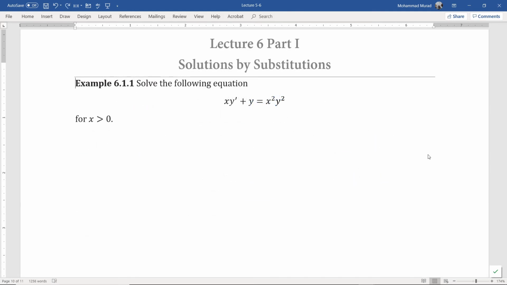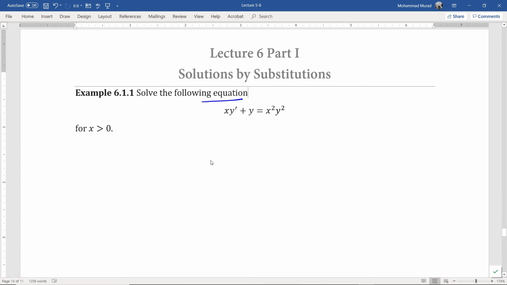Let's consider an example. Solve the following equation: x y prime plus y equals x squared y squared, for x greater than 0.